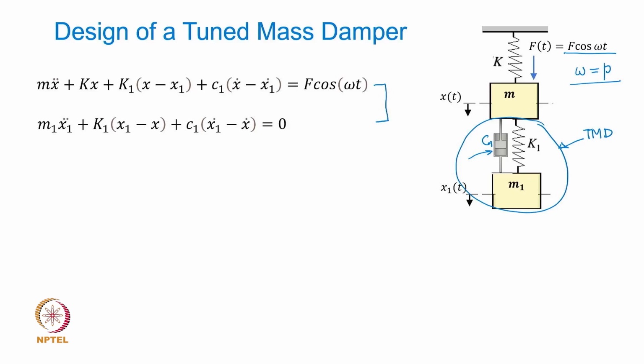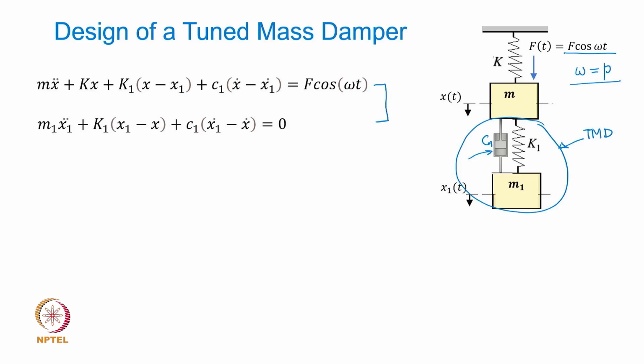We have gotten similar equations for a 2 degree of freedom system except for the damping element, but I'm sure with the kind of process that we have learned through application of Newton's second law, you can get these equations easily. So I'm skipping that part.